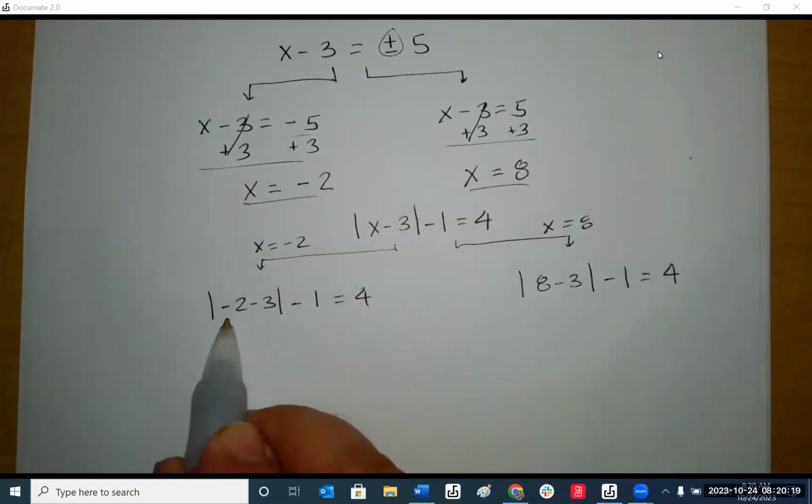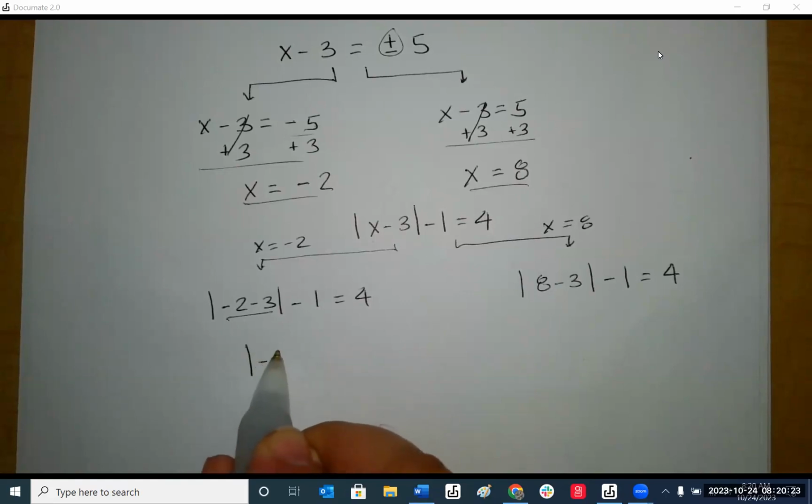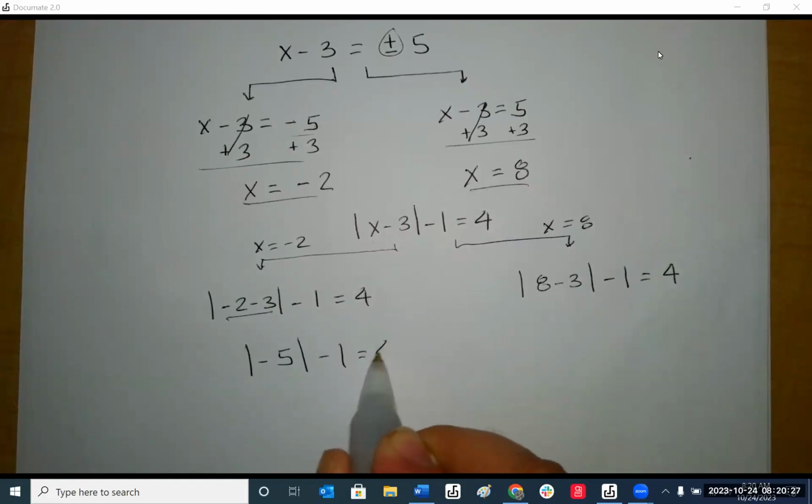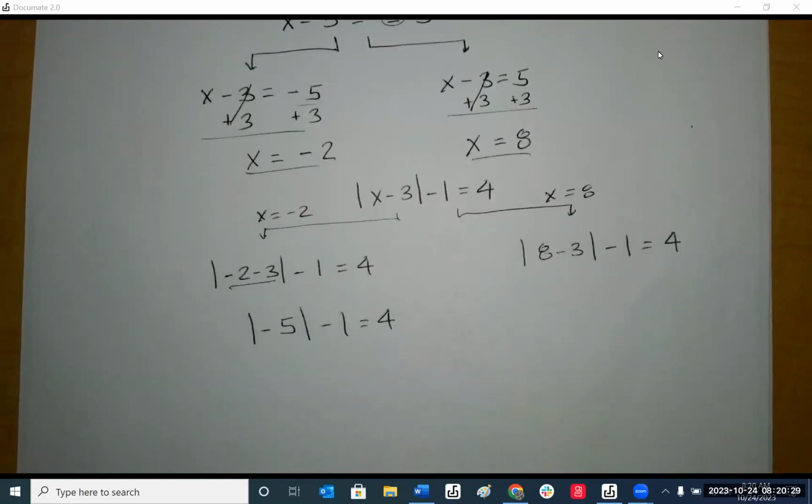So inside the absolute values, we have negative 2 minus 3. They're both negative. 2 plus 3 is 5. The absolute value of negative 5 is positive 5. 5 minus 1 is 4.